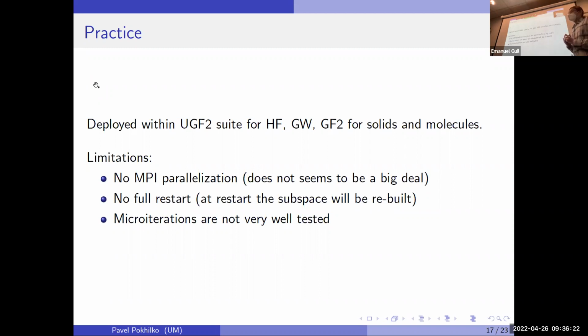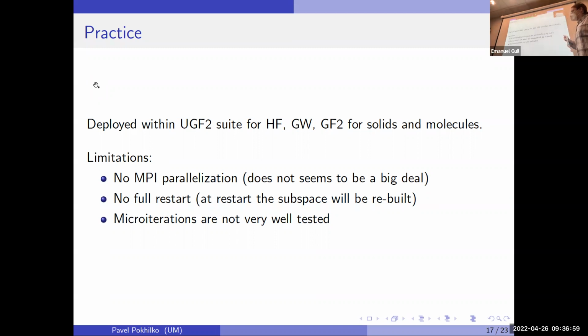At least I ran pretty big systems like nickel oxide with a 6x6x6 grid, and I didn't really notice this step. A single GW iteration is much more expensive than all the overlaps. Also, it's not very clear how to implement the restart, like whether one wants to recover the whole subspace or maybe some part of it.